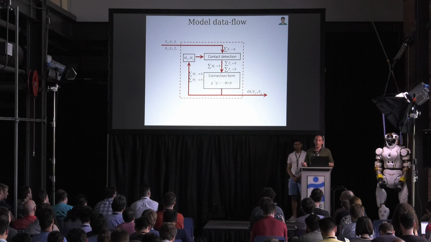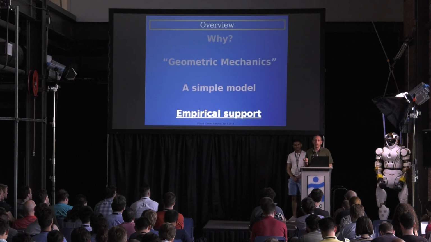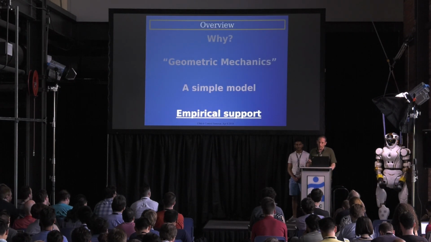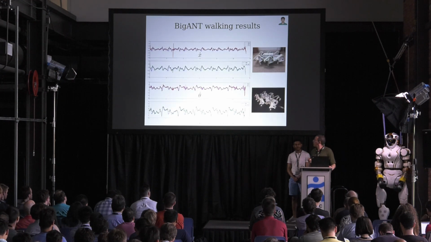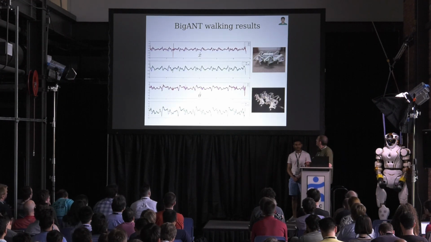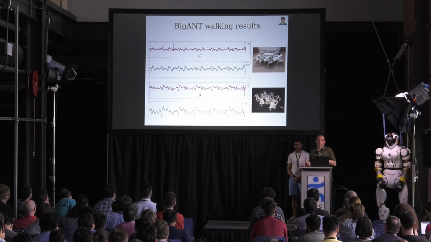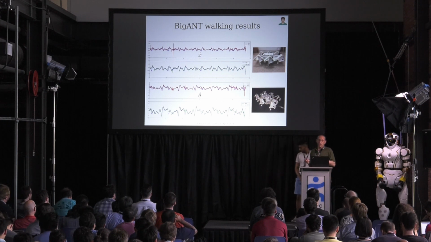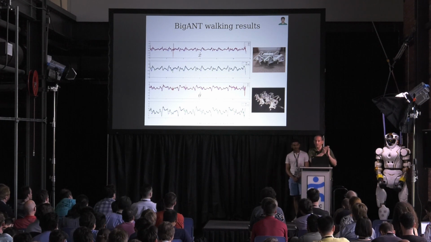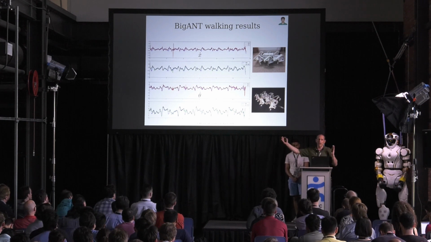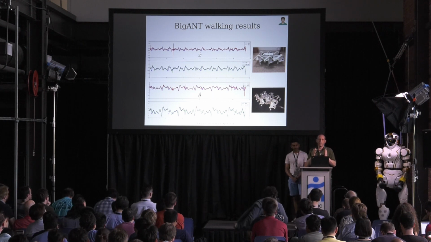And all of this would be complete hogwash except for the fact that we have empirical support that it's not. So let me show you some experimental results. So this is one robot, our big ant. It's a hexapod. We do motion tracking on it. The blue line is actually the experimental data. The simulation data, because it compresses time to infinity, what happens until we reach our critical velocity, into an instant, is actually very high bandwidth.